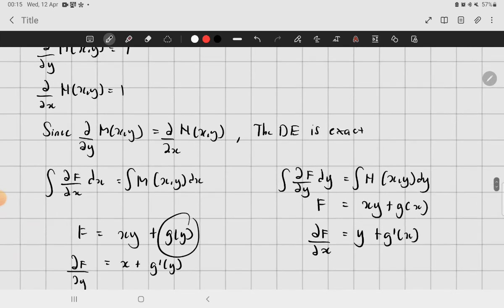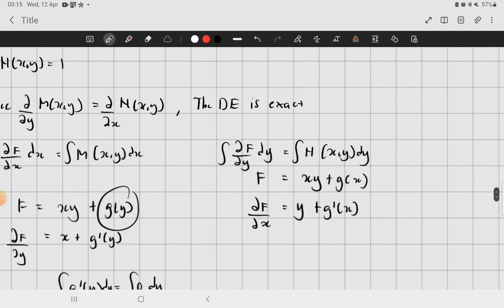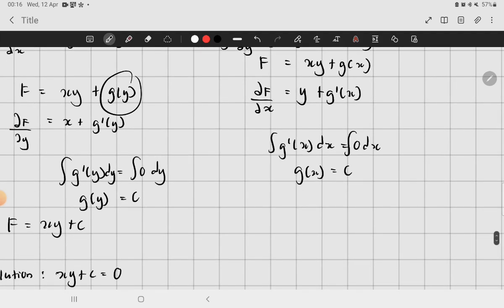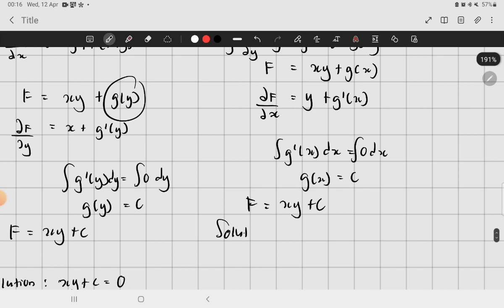Now this, just refer back to your function of m, which is y, therefore it's the same thing. Okay, g prime of x dx is equal to 0 dx, and the constant function, which is g of x, will be c. And then as usual, the function of f will be xy plus c, but the solution will be xy is equal to c.